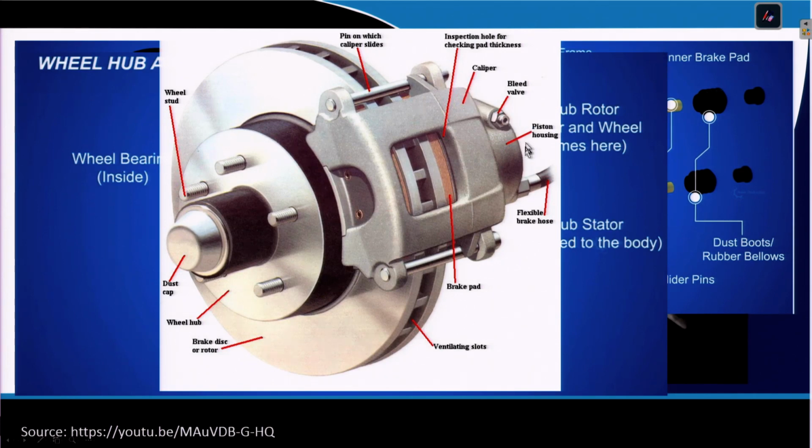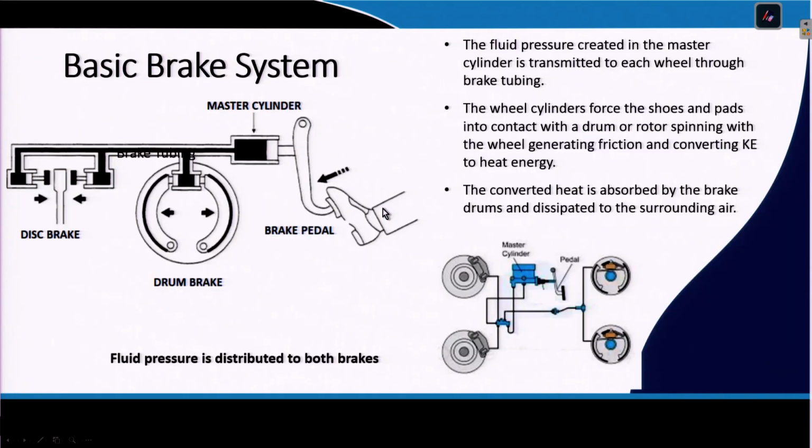Then there is the piston housing: when the brake oil gives pressure, it comes over here and gives a push, so that the brake shoe gets engaged over this hub and stops it. So these are the braking arrangements you have in a normal car.